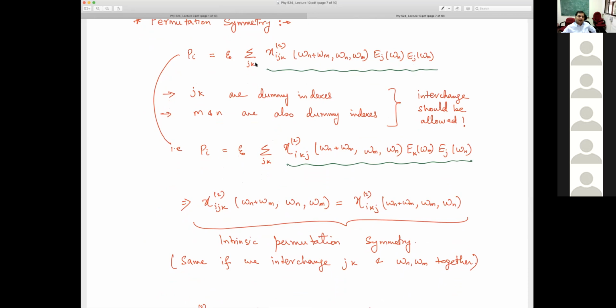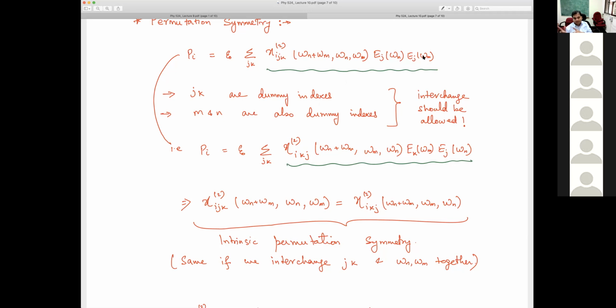Okay, now the j and the k indices will be summed over, right? So they are definitely dummy indices, meaning the j and k I can change the order and they should not decide the final outcome. Okay, but note that Ej I have associated with omega n and Ek I have associated with the omega m. And omega m and omega n also, it is up to me.